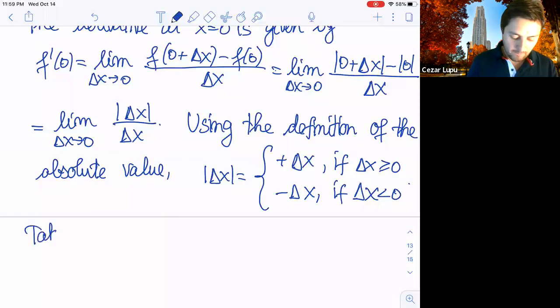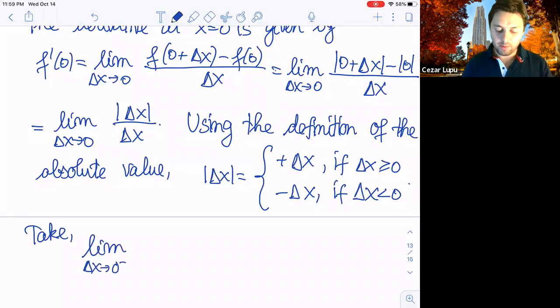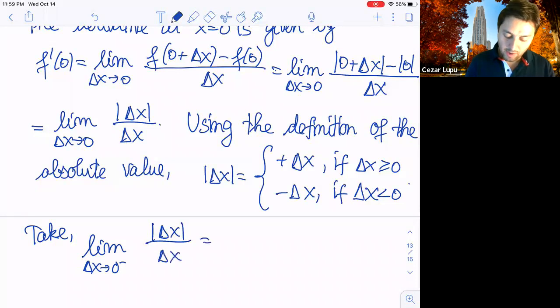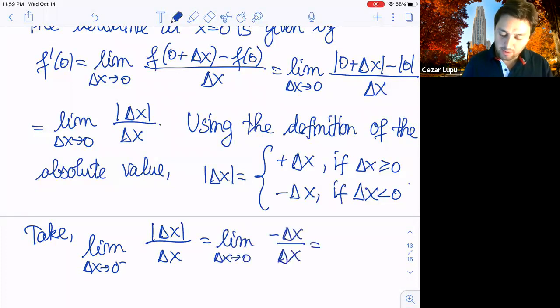So now we take the limit as delta x approaches 0 from the left. Keep that in mind. We have seen what this means: the absolute value of delta x over delta x, which will give us negative delta x over delta x, which is negative 1.